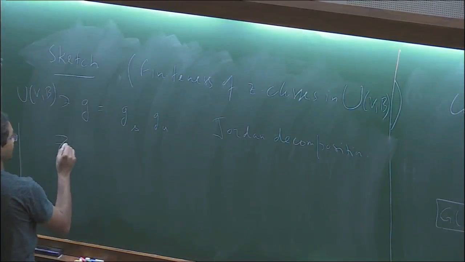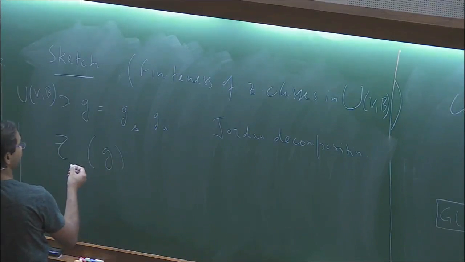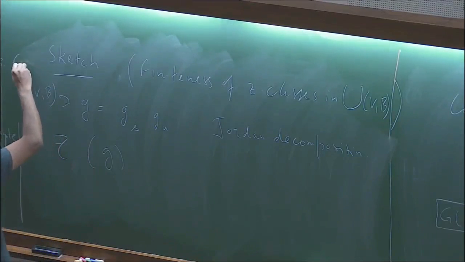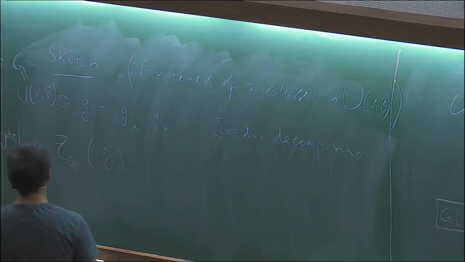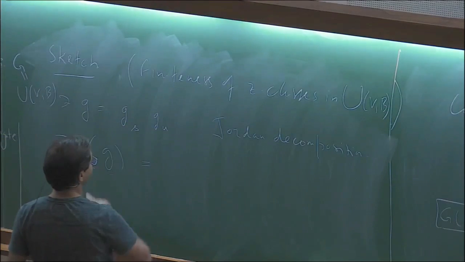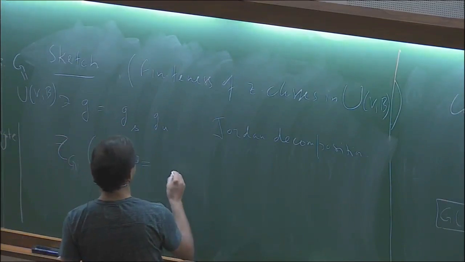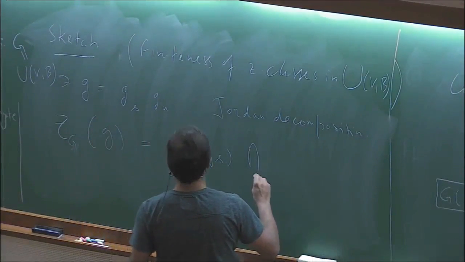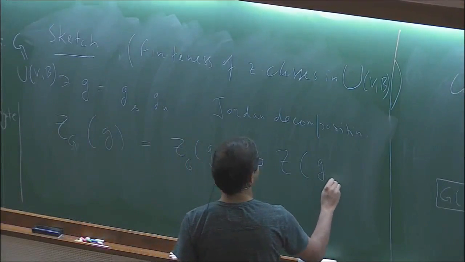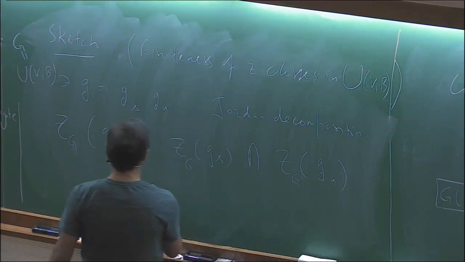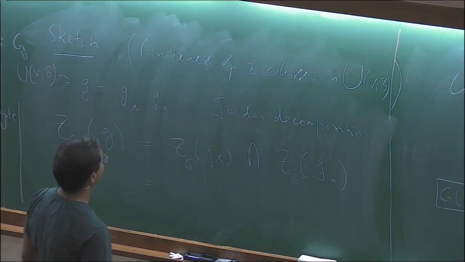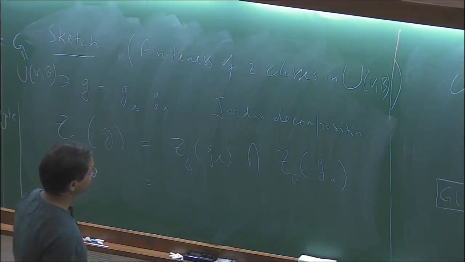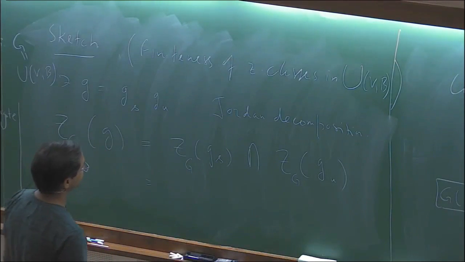So if I want to look at the centralizer of g, the centralizer of g will be given by the intersection of the centralizers of the semi-simple and unipotent parts. It is a general theorem that g_u belongs to the connected component of the semi-simple centralizer.